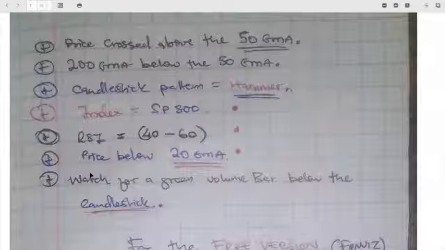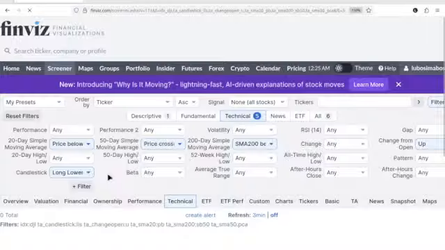So right now I'm checking the Dow Jones market. I just want you to see that it's not all the time or every day that you will find plays, like you will find charts to trade. Right now I'm trading the Dow Jones market, and there is nothing on the long lower shadow.